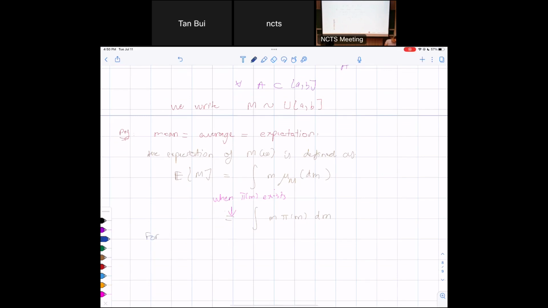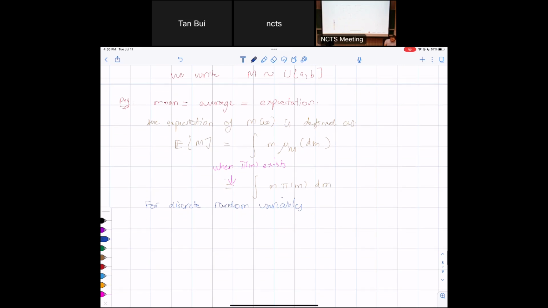So far, discrete means what? Discrete means that the values of M of omega, remember that M takes us from the sample space to the state space, have a finite number.